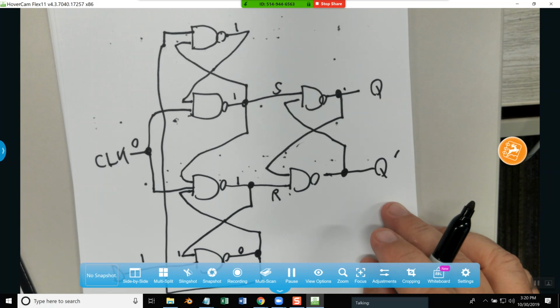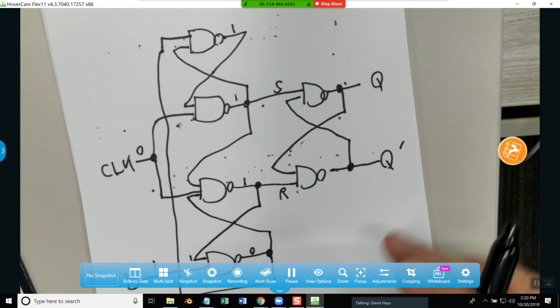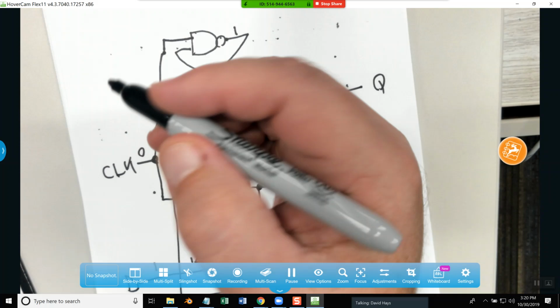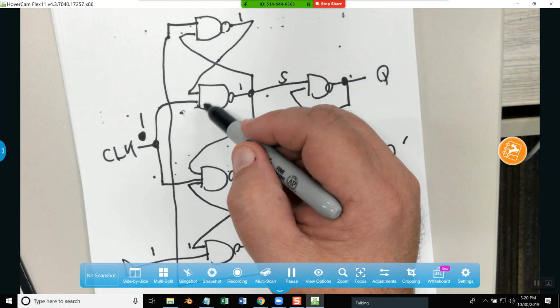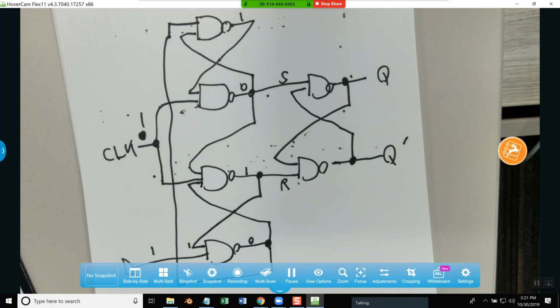What happens down here? Or it doesn't matter. Okay, 1 going in there, 1 going in here. I guess this was 1 before. This was 0 before.